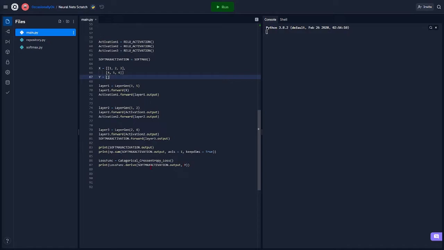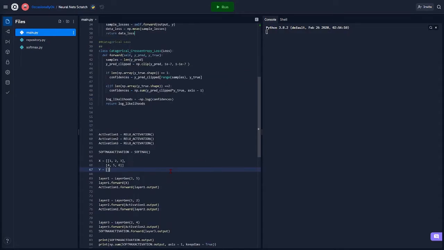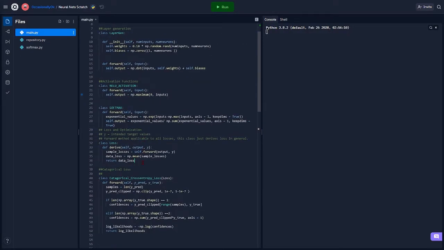We'll pass it those two things, and when it runs derive, where is derive? It'll run this forward pass in this class, in which it'll return log likelihoods and set that to be equal to sample losses, and then it'll take the mean of all the sample losses.